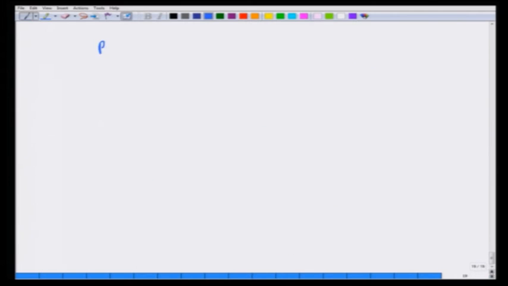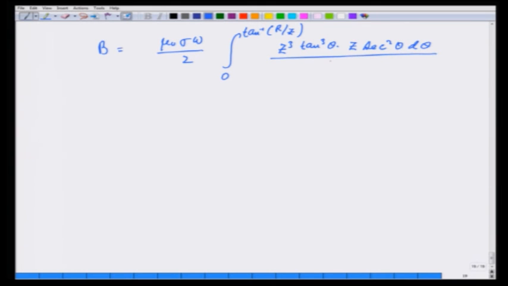Then I have B equals mu 0 sigma omega over 2 integral theta equal to 0 to tan inverse r over z. r cubed will become z cubed tan cubed theta. This is z secant square theta d theta divided by z cubed secant cube theta.